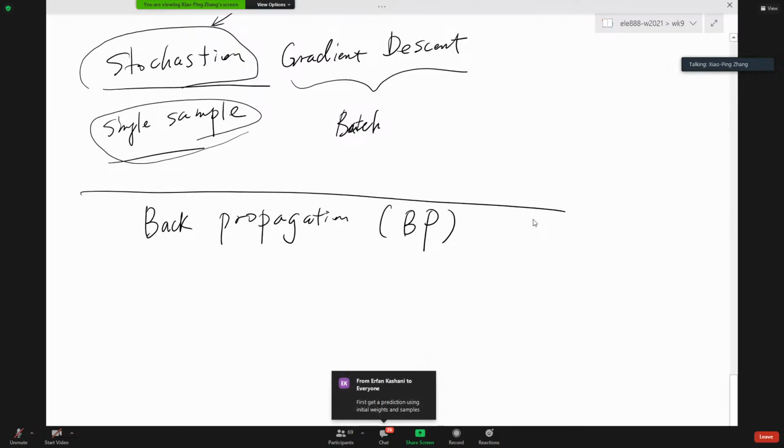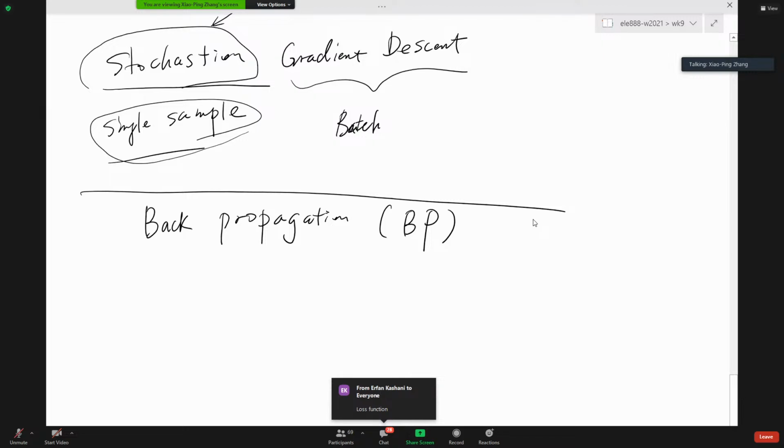Get a prediction? But even before that, find the error? Almost there. What's the first thing you need to define? Loss function. Exactly, loss function, criteria function.